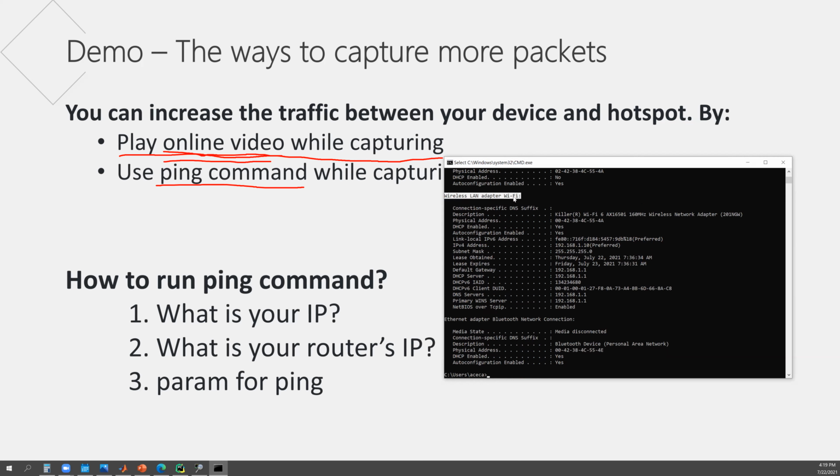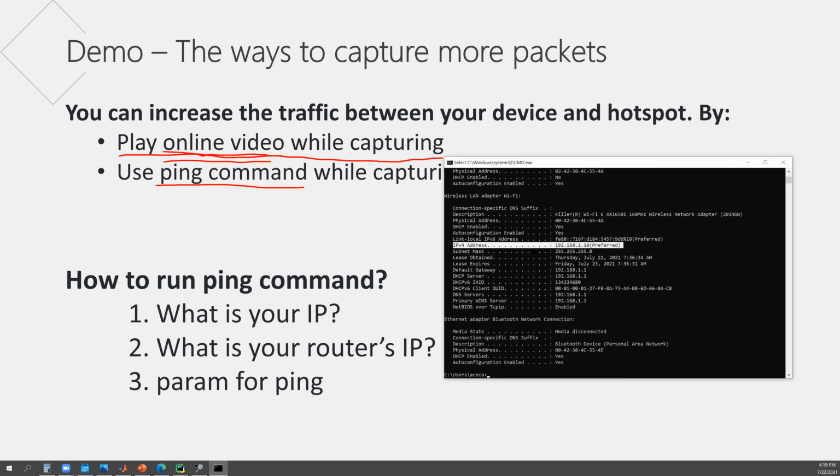I need to find the Wi-Fi adapter in my computer and see where the default gateway is. This one, the default gateway, is my router's IP address. And this one is my IP address.